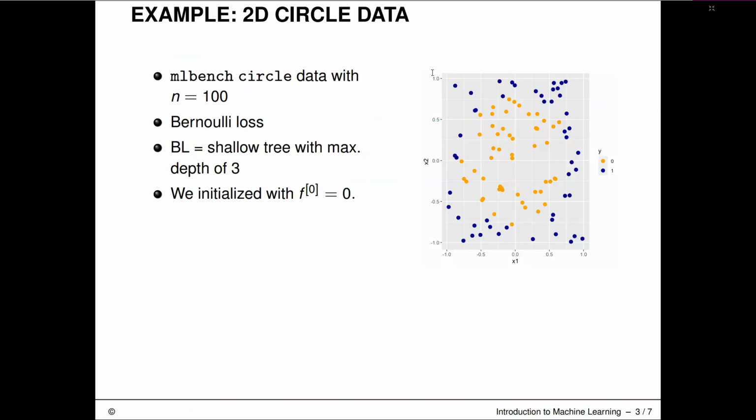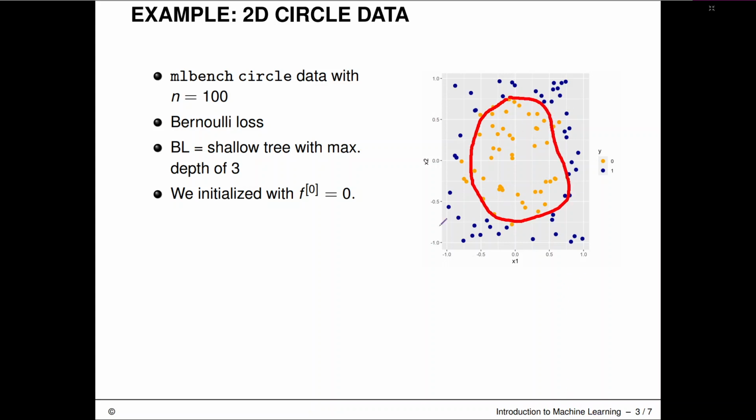I now want to show a couple of examples. I'm not sure whether they are super helpful. Let's see. At least I want to show a little bit how gradient boosting and classification now feels. So here I use the ML bench circle data. We sample 100 points from this, so you can see our two circles here with the decision boundary being roughly there.